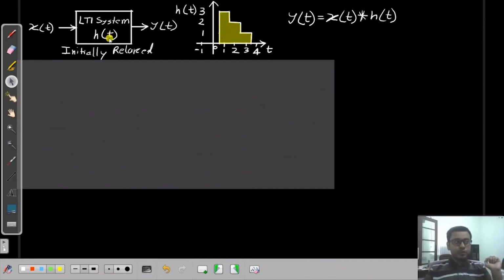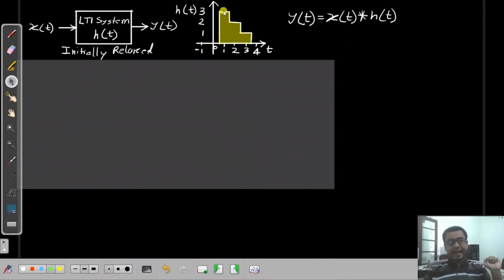Now, suppose for this LTI system, the impulse response looks like this. It is initially higher. It has a value of 3 at time equal to 1.